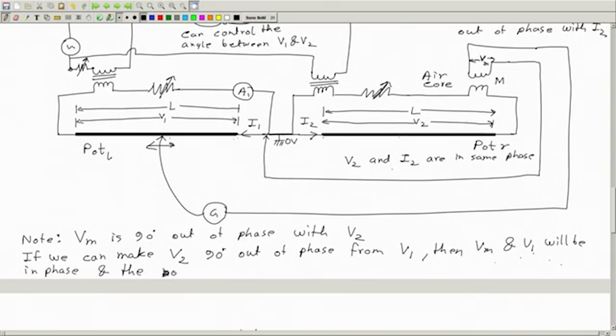And then only we can get a balance of Vm with potentiometer L. Okay.